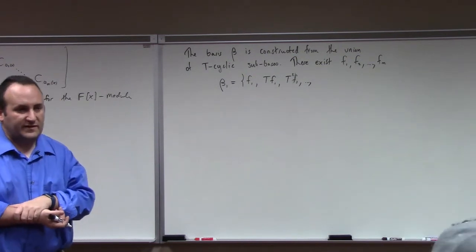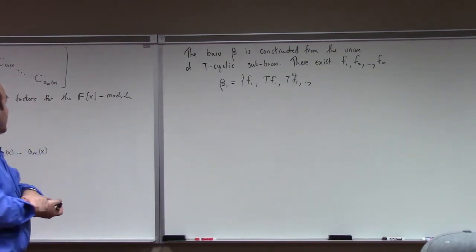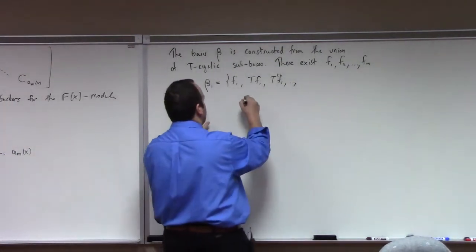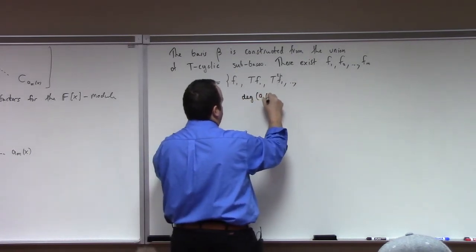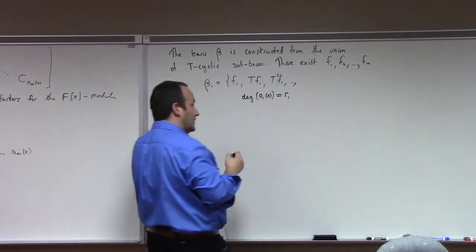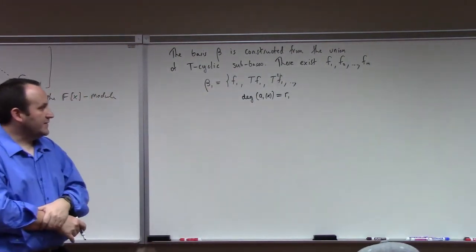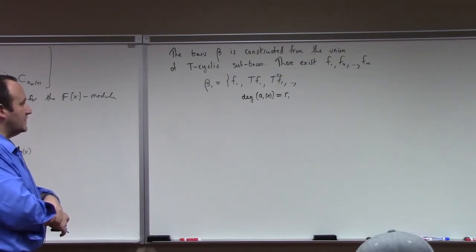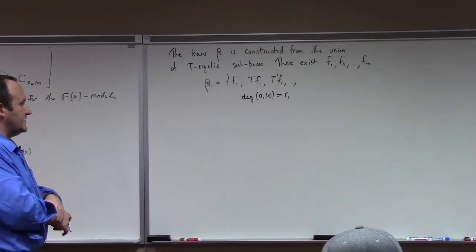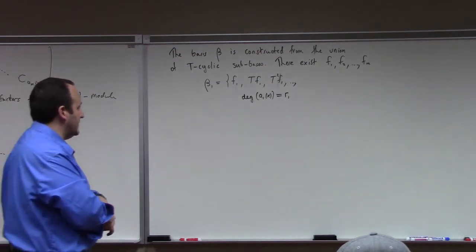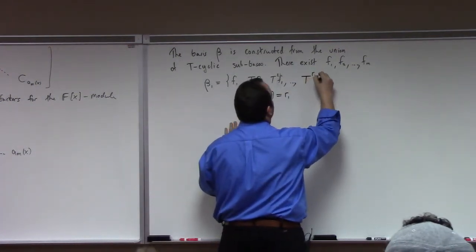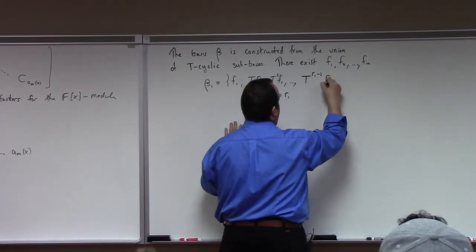Now this can't go on forever. Eventually there has to be some sort of linear dependence. And so whatever the degree is of A1, let's say the degree of A1 of x is equal to R1, then I think we go all the way to T to the R1 minus 1 power acting on F1.